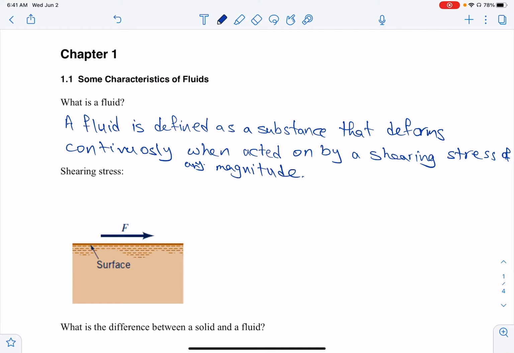So this is the definition, and when studying the behavior of a fluid, we typically consider average characteristics, I mean macroscopic.